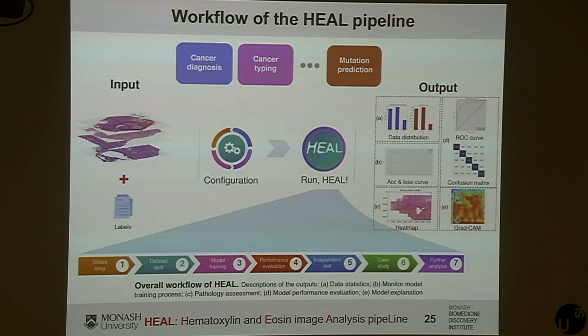The input to the HEAL package only requires two different inputs. One is the high resolution histopathological whole slide image, plus the label. The label means whether this slide contains cancerous tissue or not. So only two very simple labels.